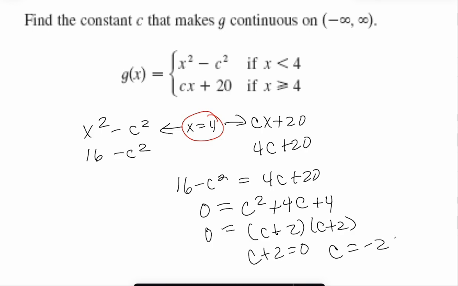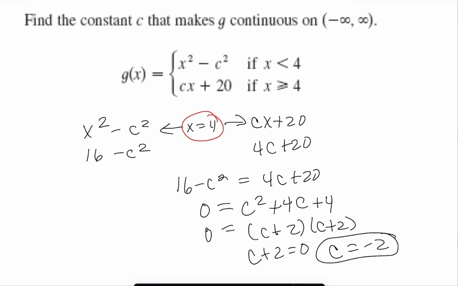So c would have to be negative 2 for those two things to land in the same spot. Now you can check: if x is 4 and c is negative 2 for the top one, you get 12. If you plug c as negative 2 and x is 4 for the bottom one, you get negative 12. So they would line up perfectly at that spot.